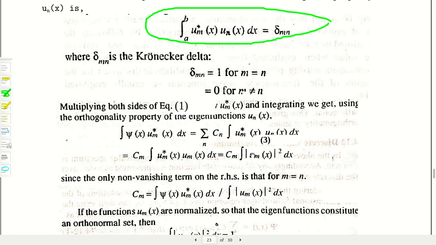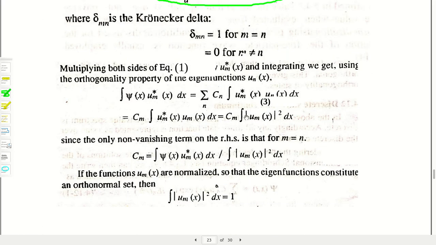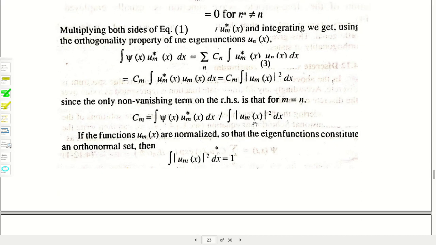This result we know, that un and um should be equal to each other, so the sum will vanish. So we will get cm, and the sum will vanish, that is the integration will be valid for one case, and this should be 1. So cm will be there, and the integral of um square dx is 1, as we have assumed.